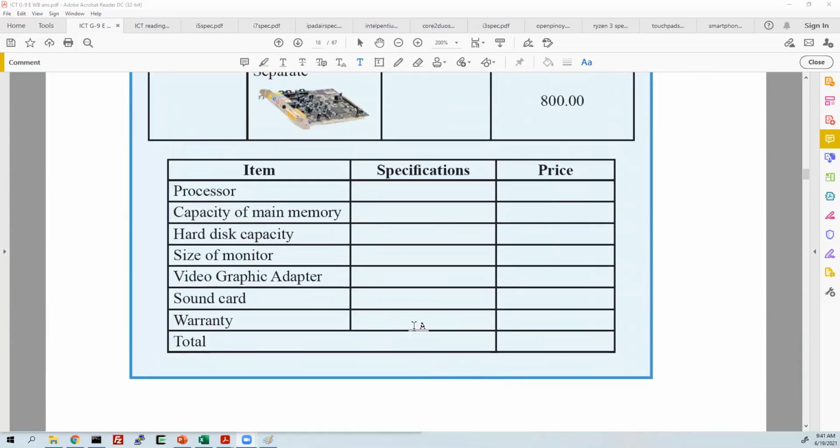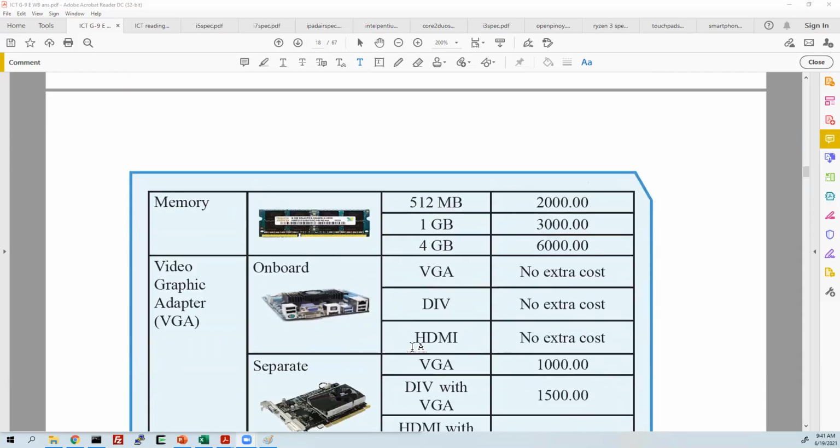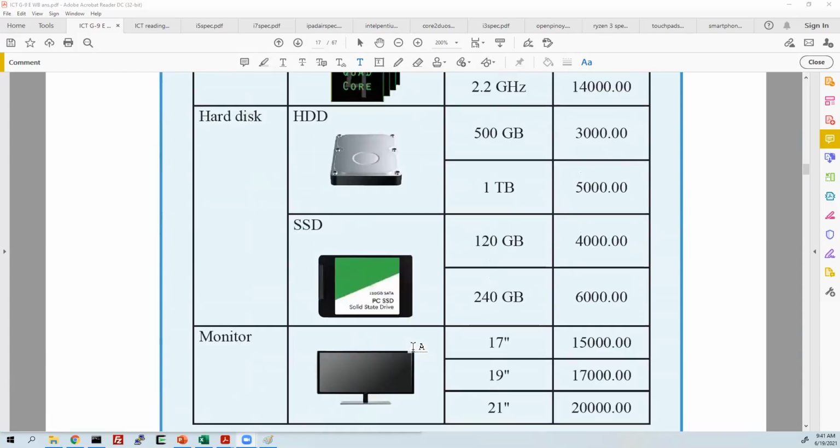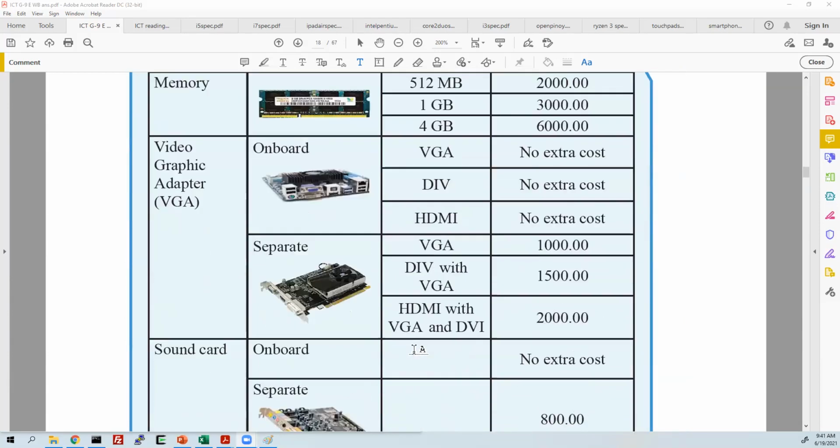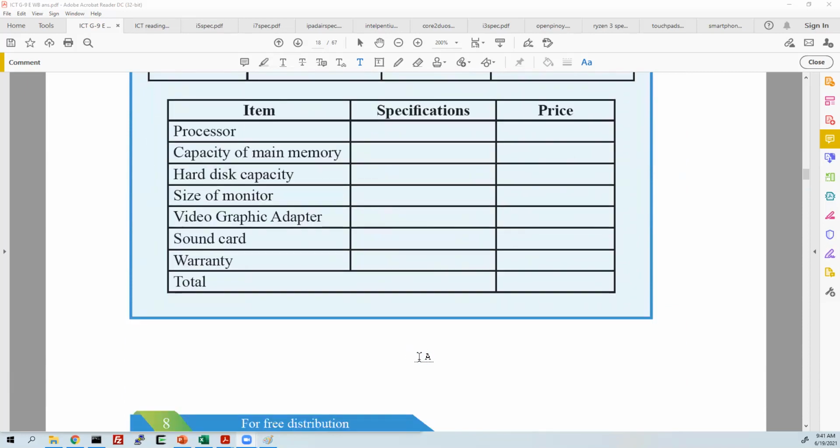So just put some value here, whether you need 1 year, 2 years, or 3 years. Price we'll forget about. Usually for warranties also you have prices. But I think this table we cannot find any price for warranties, right?